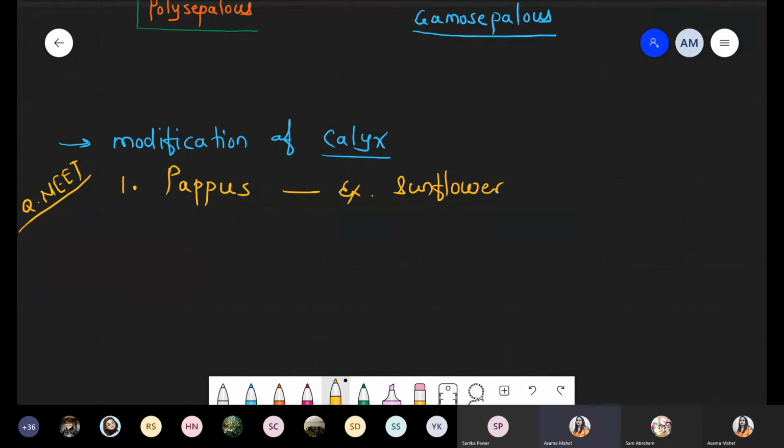Okay, sunflower. Now what happened? First of all, we are talking about the meaning of pappus, and then we discuss the function.